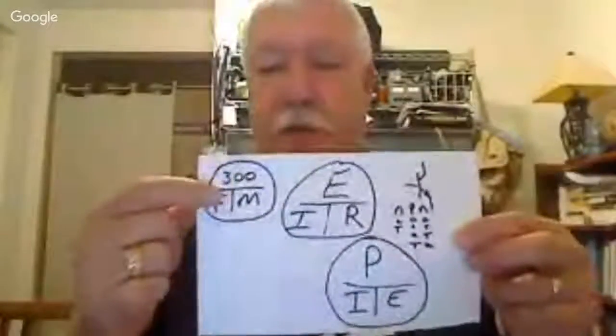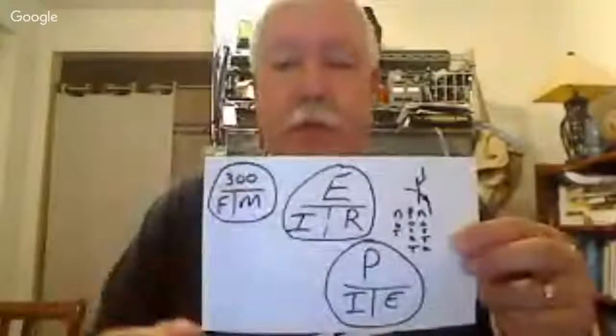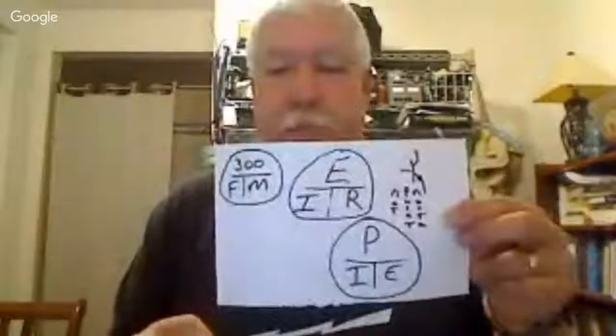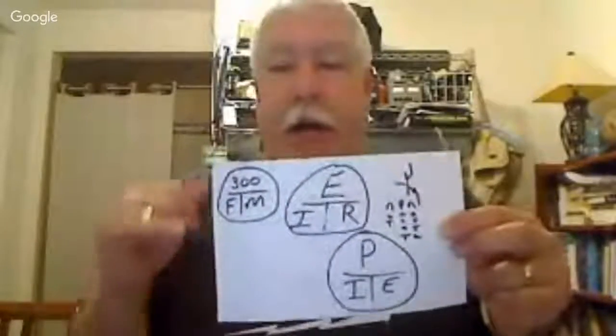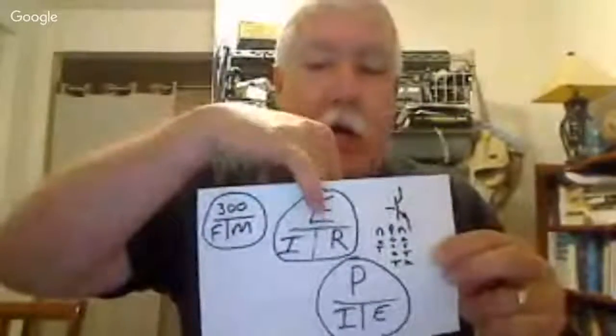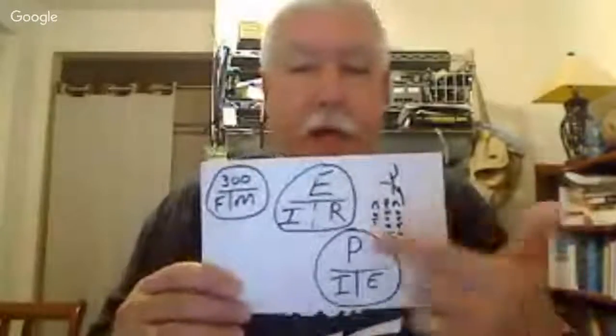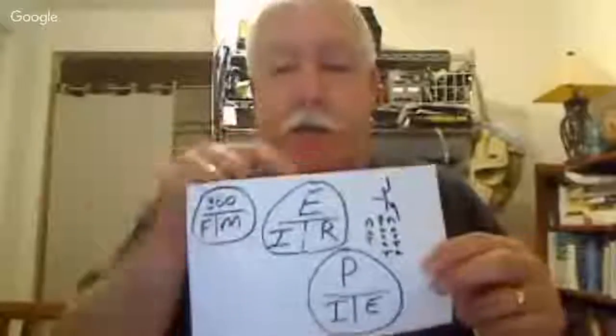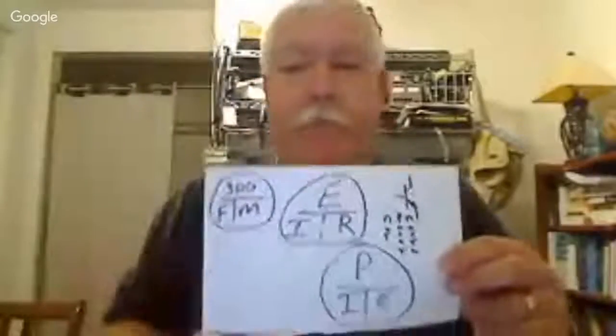We've talked previously about 300 flying monkeys, frequency to wavelength conversions, and how to solve them. Now we're going to talk about EIR and PIE, pi. Everybody likes pi. Electricity is renewable.